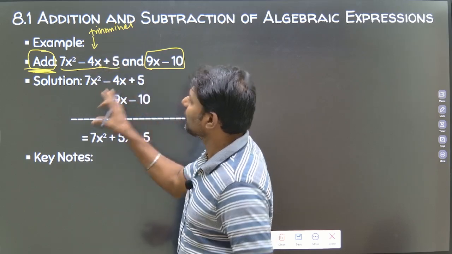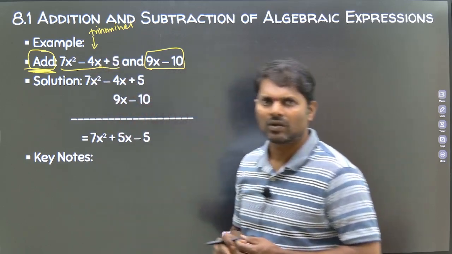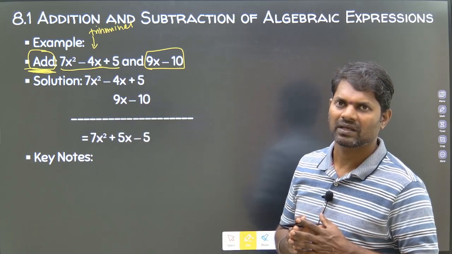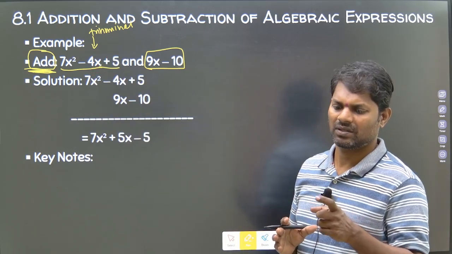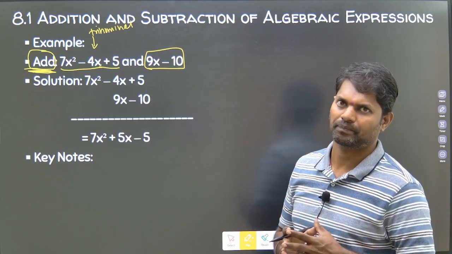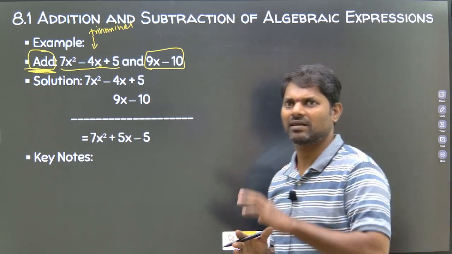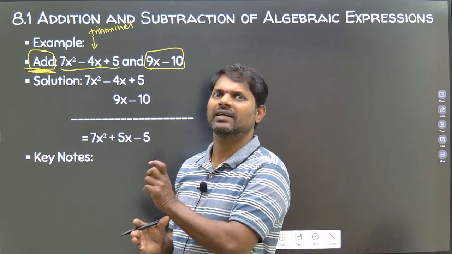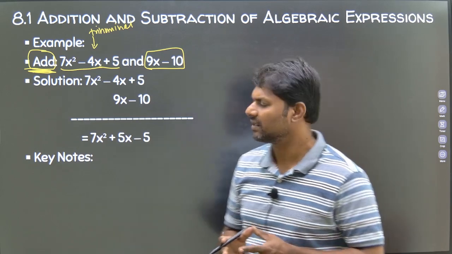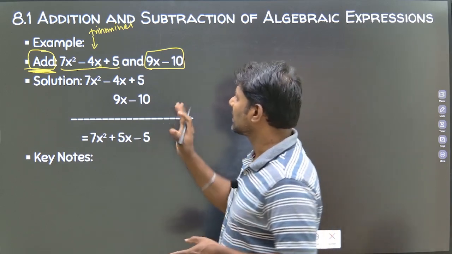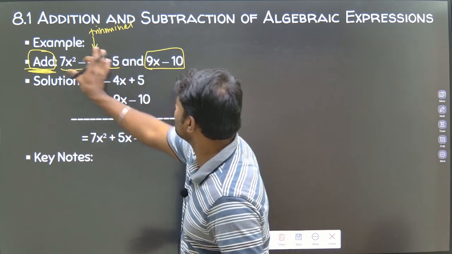While performing addition, we have to make sure that similar terms are grouped together and the terms which are not similar we have to write differently. Okay. So let us write the first expression as it is.